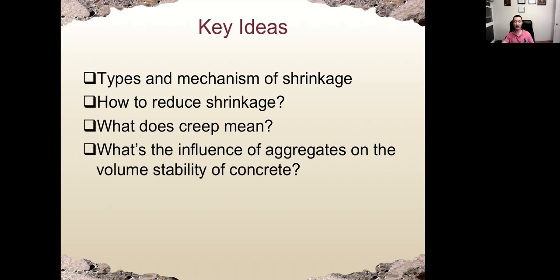Okay. You should know the definition of these shrinkages, the governing mechanism of these shrinkages, the Kelvin-Laplace equation, and the differences between these shrinkages. How to reduce shrinkage? Okay, and what are creep and relaxation? And what are the affecting factors on creep and relaxation of concrete?